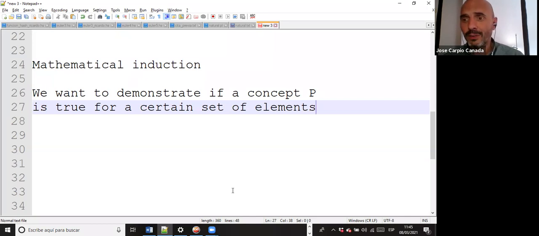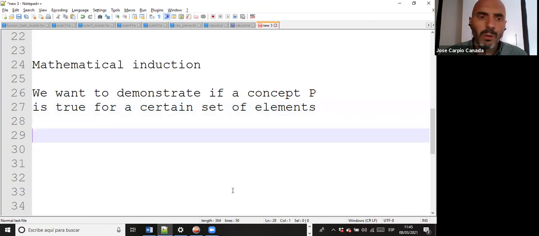Not everyone is from Italy, and this is the concept. So what is the set of elements? The people in the classroom. It's very difficult to demonstrate something for every person in the world, so we have to reduce to a set of people we know, a classroom for example.